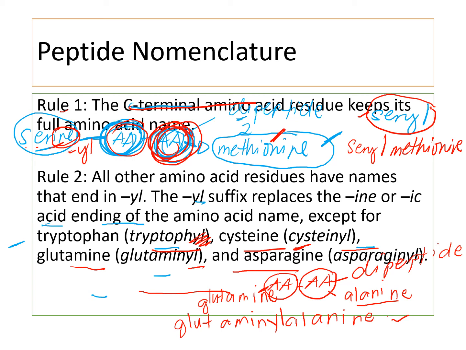So regardless of how many amino acids there are in the chain, all we have to do is attach all of those names to form one word for that peptide. So for the words glutaminyl and alanine, there is no space at all. It's just one word.